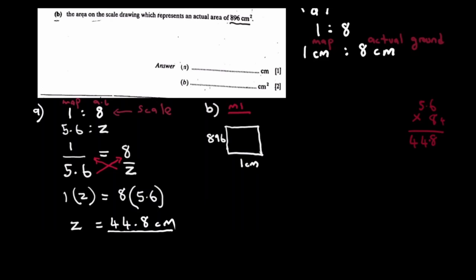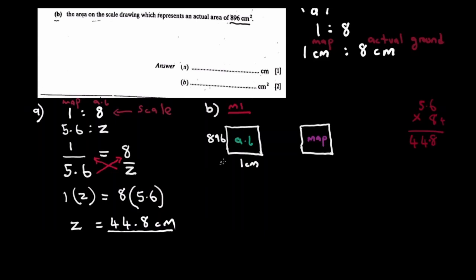right? So what we want to find, this is on the actual ground, but we also need to draw up how it will appear on our scale. And we already know that for a scale, we'll be dealing with a map.